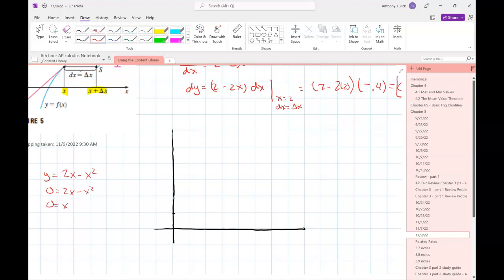Those will be helpful in graphing. So I have the point 0, 0, and then the point 2, 0. Actually, I'm not going to bother labeling that. I'm just going to call this x equals 2.